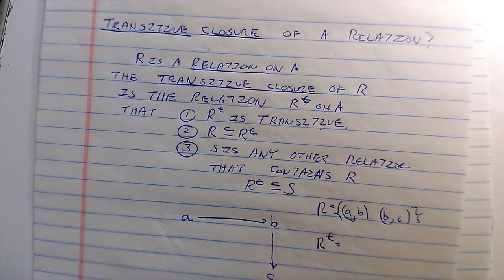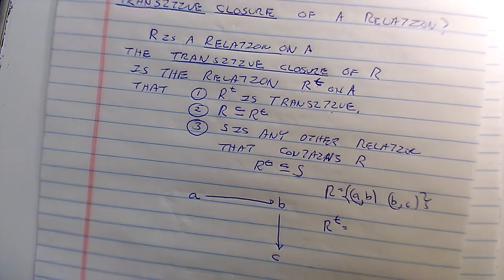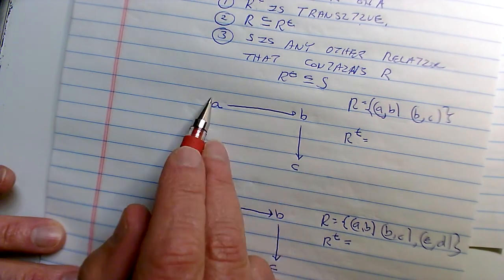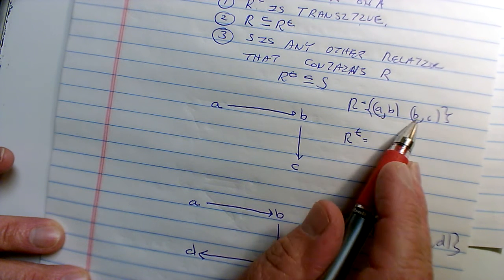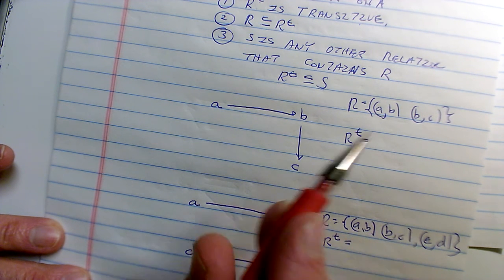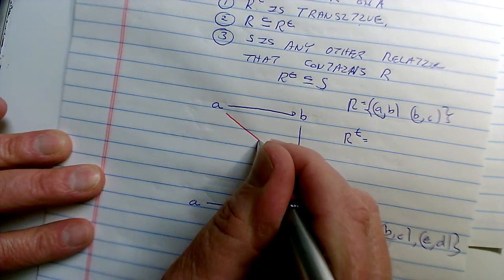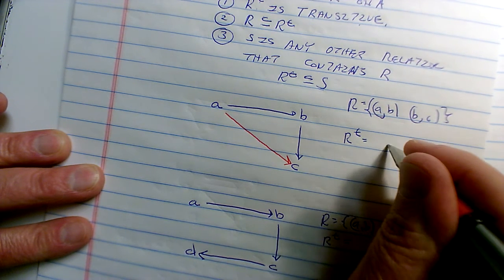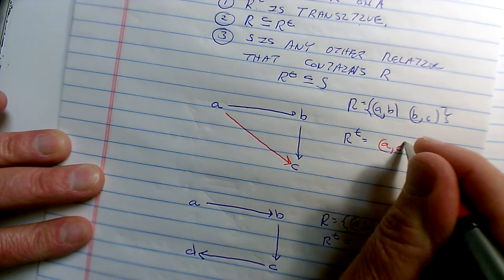Well, let's look at an example, because I think it's almost easier to do this with an example. Suppose I have three elements, A, B, and C. A relates to B, B relates to C. We do not have transitive closure because we need to add this in. We need to add in (A, C). That's the set we need to add.